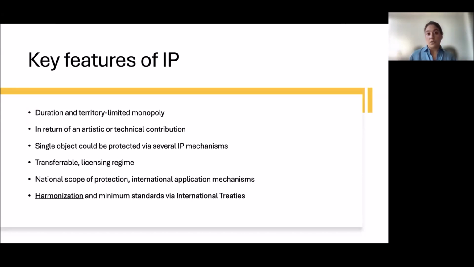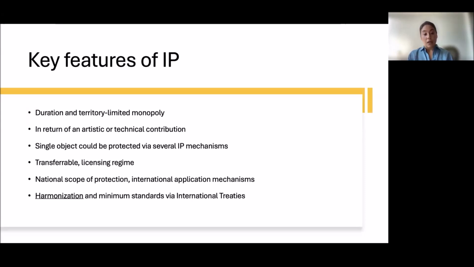It could be a legal person or a natural person, meaning it could be a person that you communicate with or a company. And the scope of protection is usually national, but there is the unitary patent in Europe. So I'll touch upon it in a minute.